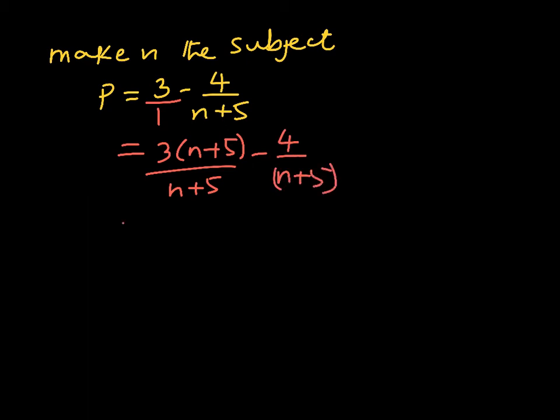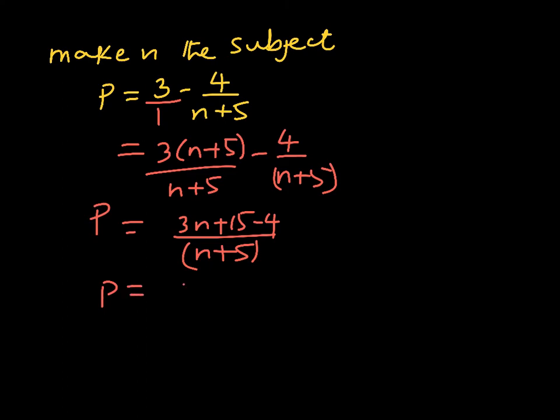They have the same denominator now, so it's n plus 5, and 3 times n is 3n, 3 times 5 is 15, plus 15 minus 4, is equal to P. So P is equal to 3n plus 11 over n plus 5.